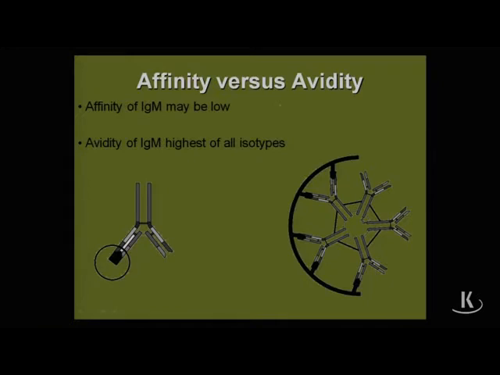Now, IgM, being so large, had this valency of 10. So we would say that IgM has a high avidity. And all avidity means is the more binding sites, the higher your avidity. So obviously, IgM, of all the antibody molecules, has the highest avidity.